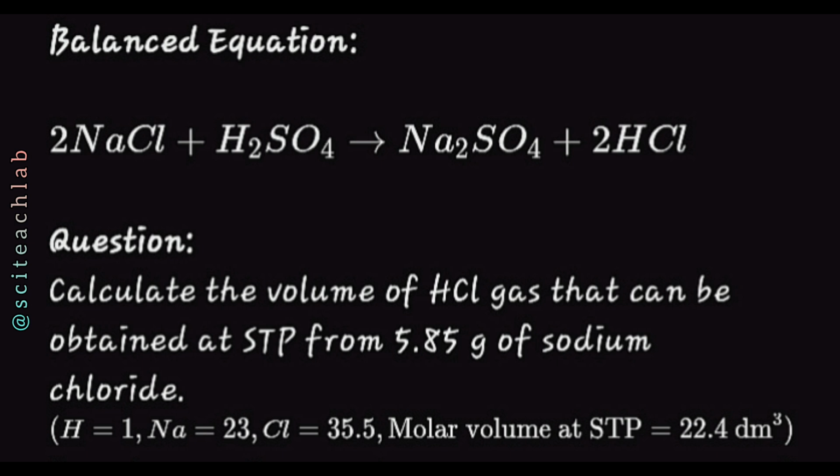So remember, your balanced equation is important. That is 2NaCl solid plus H2SO4 solid yields Na2SO4 aqueous plus 2HCl gas. So we write that out clearly, and then we start our comparison.